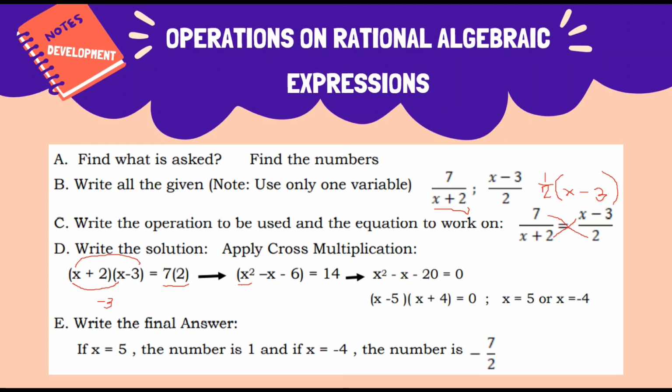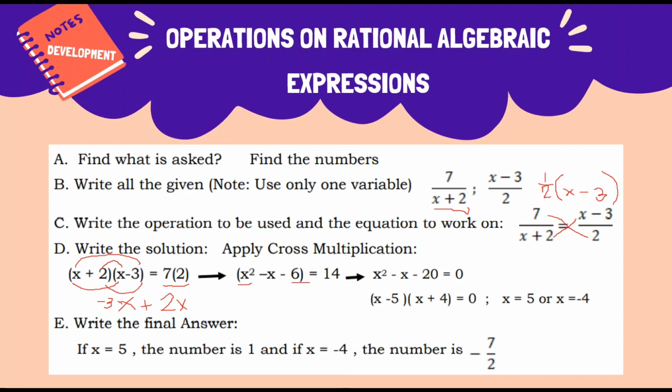And then we have product of the inner terms. Positive 2 times x. We have positive 2x. Okay, so this will be negative 3x and then positive 2x. This is okay. And then positive 2 times negative 3, we have negative 6.